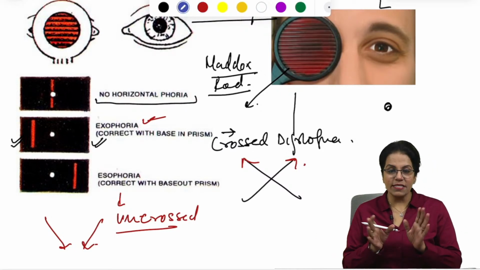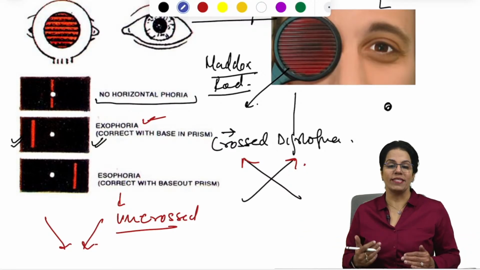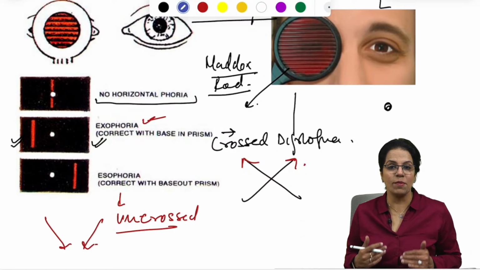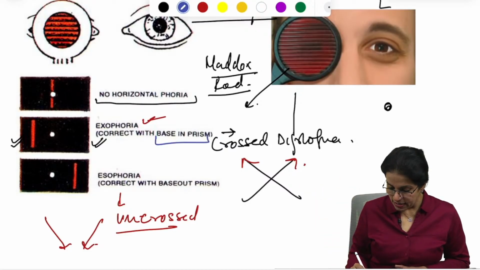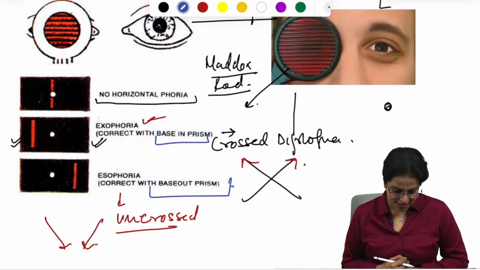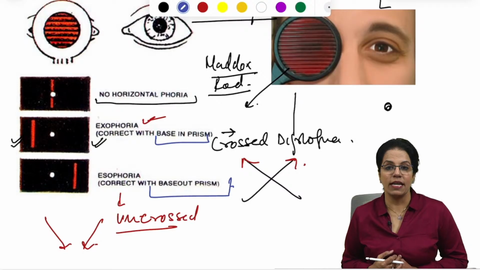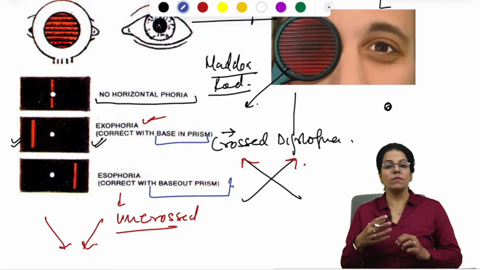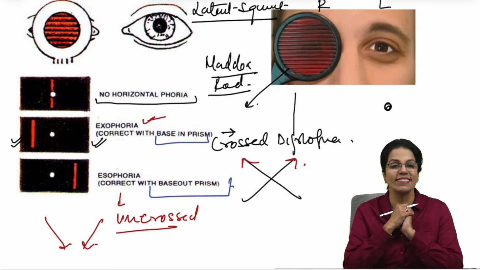So naturally, if it's an exo, base will be, base is always opposite to the direction of squint in a prism correction. Please remember. So if there is an exo, base in. If there is eso, base out. Okay? Yes. Very good. So this is not for palsy. We are not talking about palsy, it's a tropia. This test is mainly done for phorias, which are latent squints. Okay?